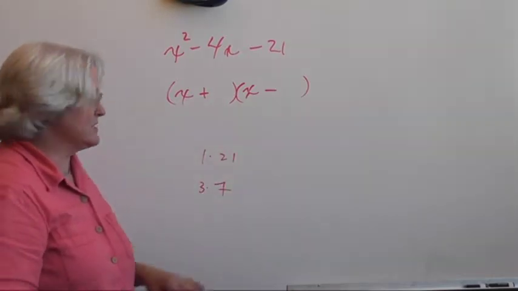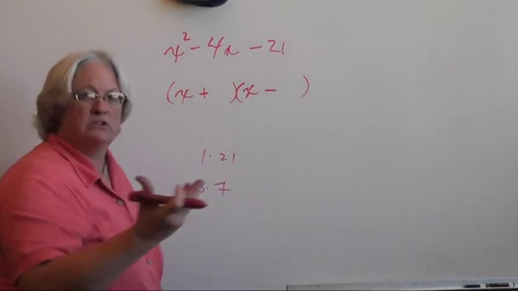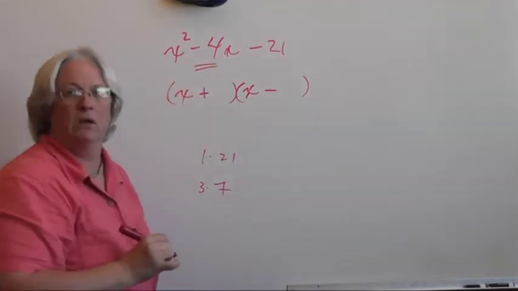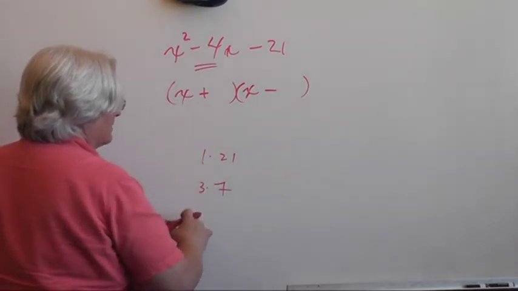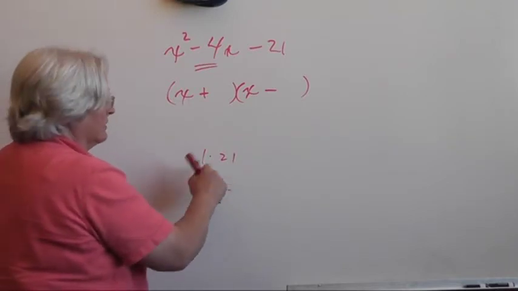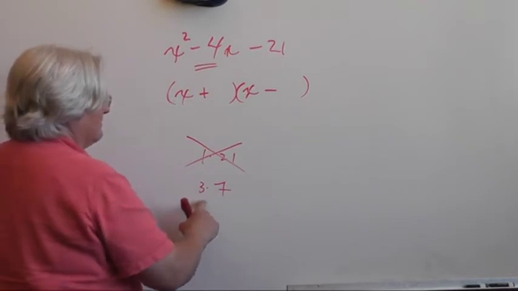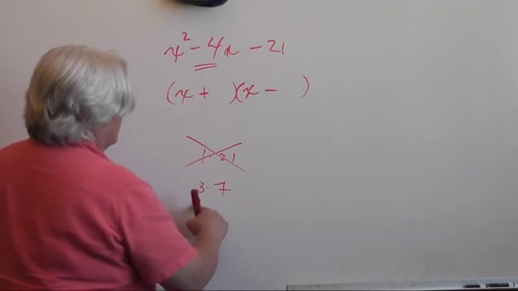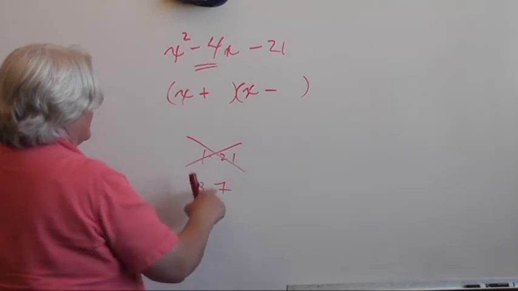But what you're going to do is say, I have to have some combination of these two factors so that when I add them together, I end up with this center coefficient here. We have a central coefficient of -4. So we want some combination of factors that gives us a -4. Well, there's no way adding or subtracting a 21 and a 1 that we're going to end up with 4. But 7 minus 3 is 4. So a positive 7 and a positive 3 doesn't do us any good, because that equals 11.